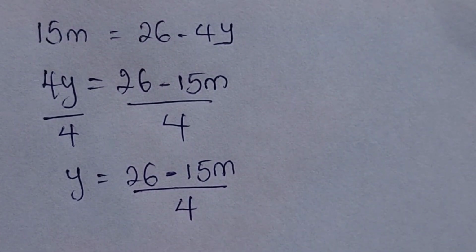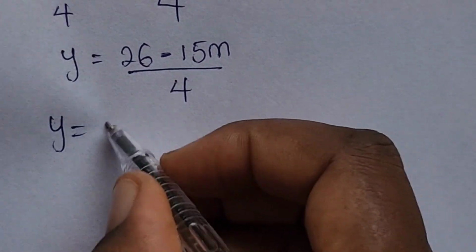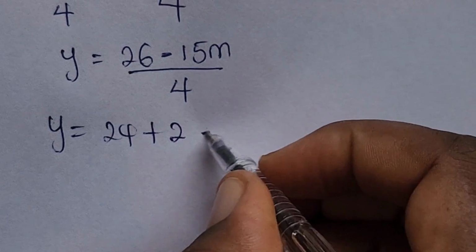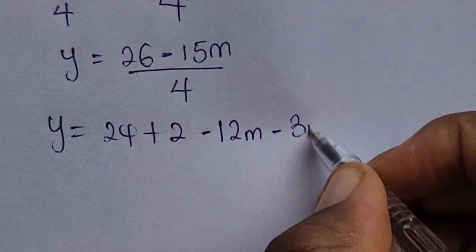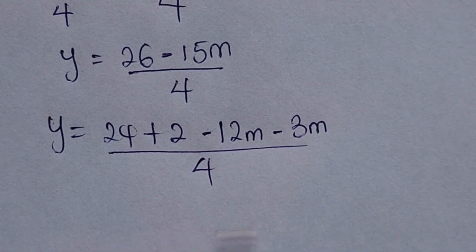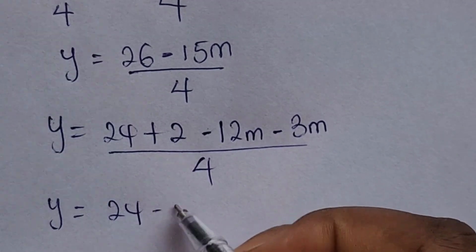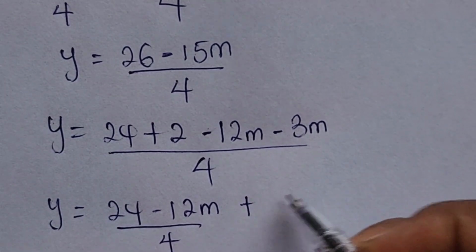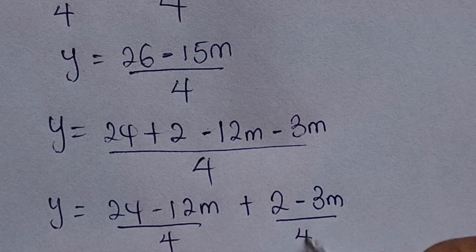So this will give us y equal to, when we split our 26, 24 plus 2. And we can split this negative 15m to have minus 12m minus 3m, all over 4. So from here, we have that y is equal to 24 minus 12m over 4, plus 2 minus 3m over 4.